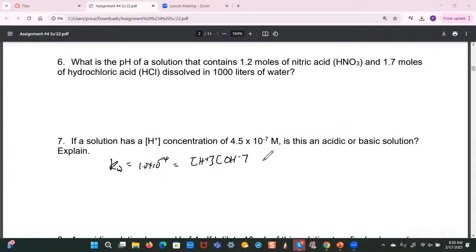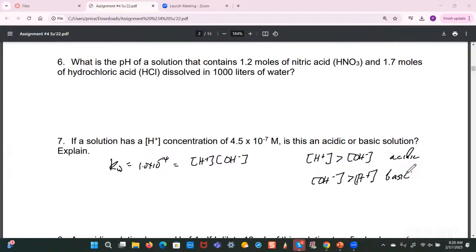Remember also that if the concentration of H plus is greater than the concentration of OH minus, then the solution is acidic. If the concentration of OH minus is greater than the concentration of H plus, then the solution is basic. So that's my hint. That should help you to answer this question.